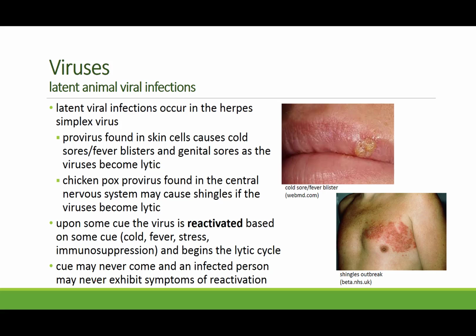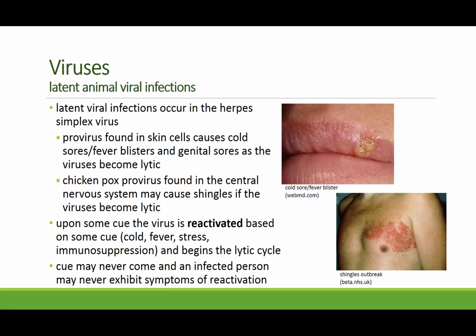If it's a chickenpox virus, then that provirus will be maintained in neuron cells. So in the cells that are in the neurons, usually up close to the surface of the skin.